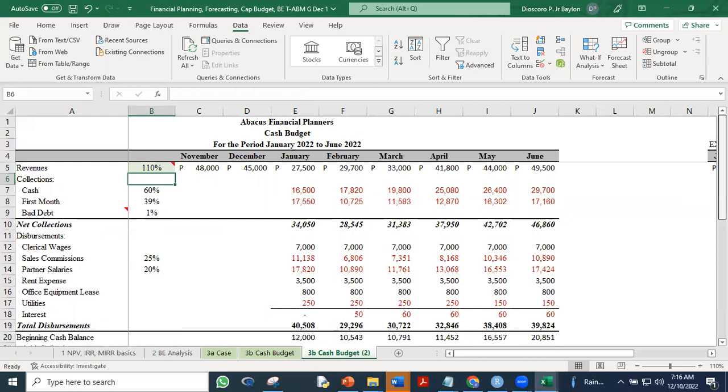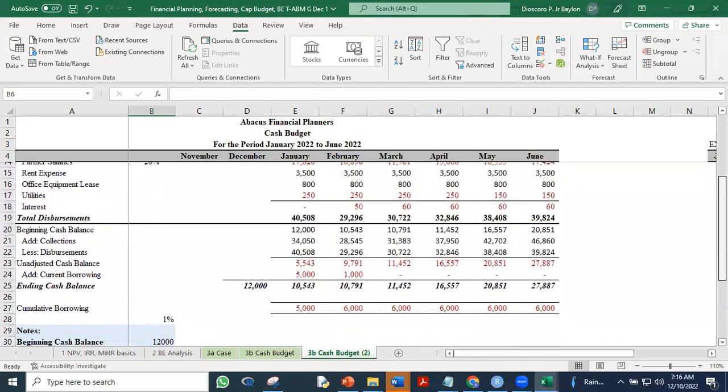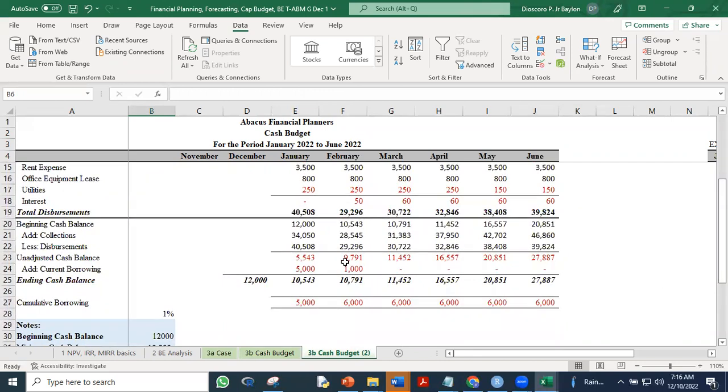Revenues change, collections change. You notice that for the first month, January, the cash balance was 5,543, so there was a need to borrow 5,000. As far as the best case scenario is concerned, the cumulative borrowing was only 6,000.